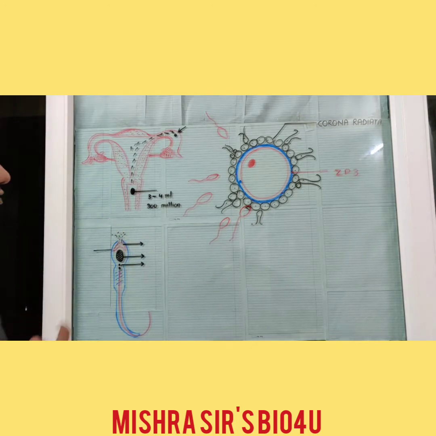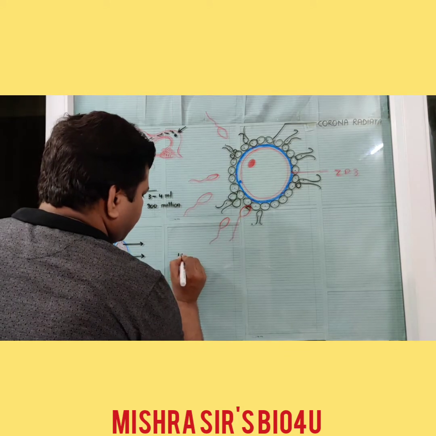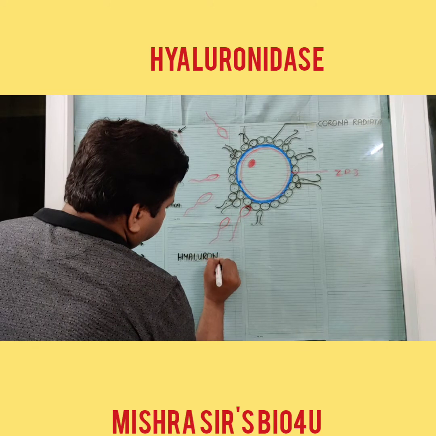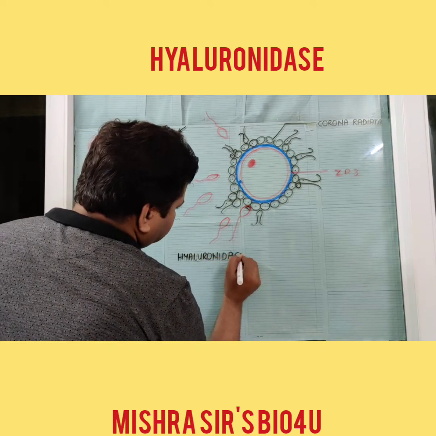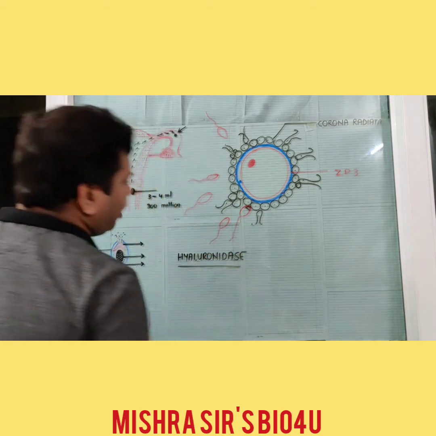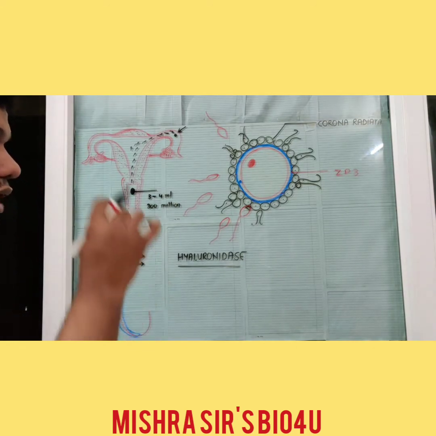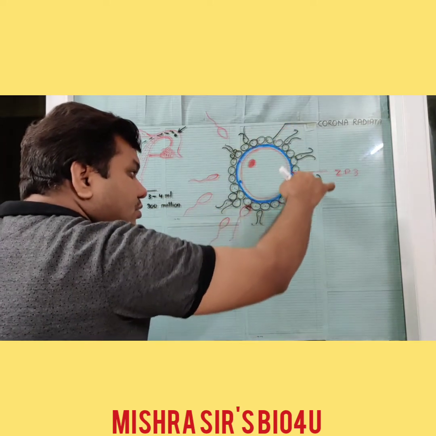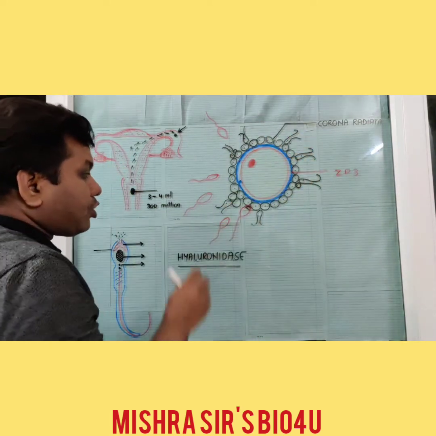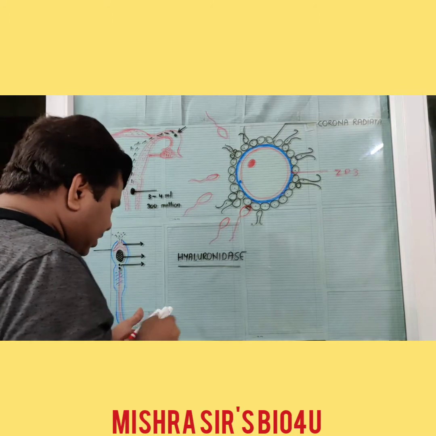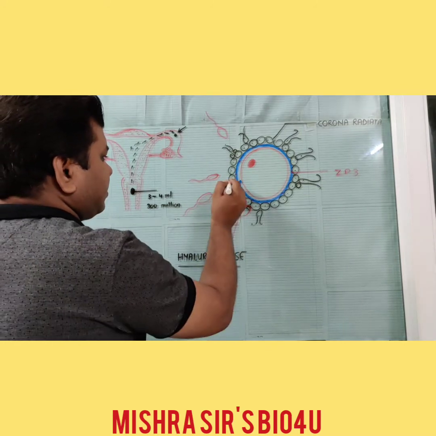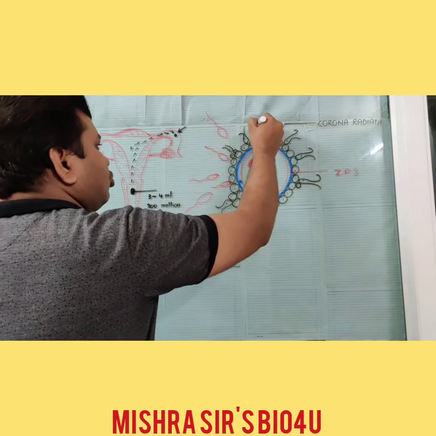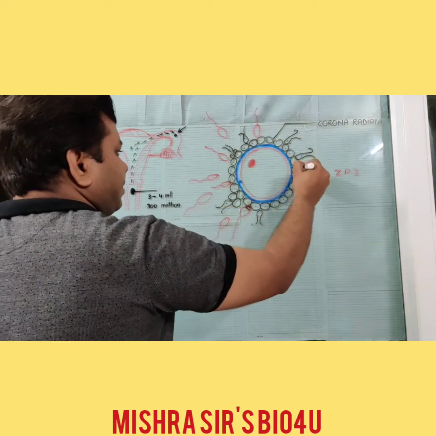Now what are these chemicals? The first chemical is hyaluronidase, which dissolves hyaluronic acid. Now remember, hyaluronic acid is a polysaccharide which holds the corona radiata cells. Because a lot of sperms are releasing hyaluronidase, the corona radiata cells loosen up and start separating.